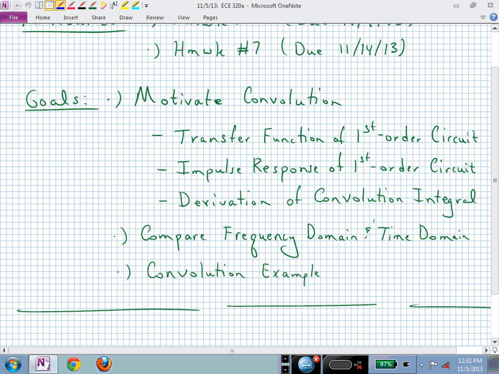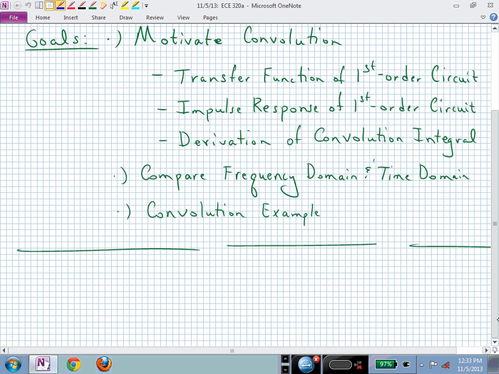That's what the convolution integral allows us to do, because we may not want to solve the problem in the frequency domain. And maybe we want to gain insight into what's happening based on the convolution integral approach. We'll compare frequency domain descriptions with time domain descriptions, and hopefully we will have time to get into a convolution example.